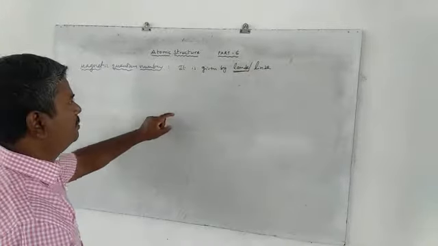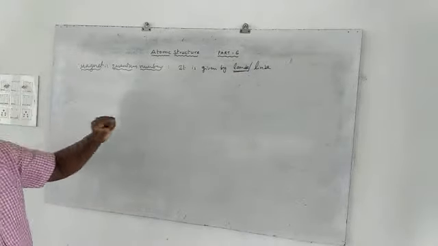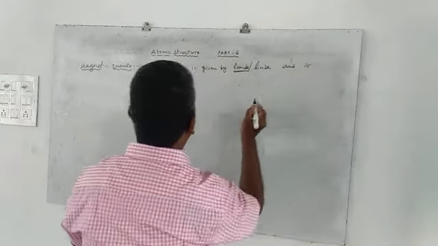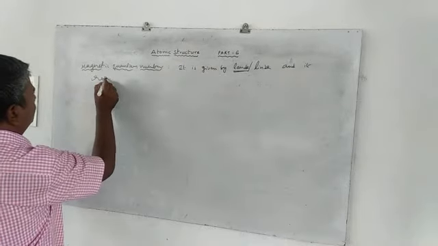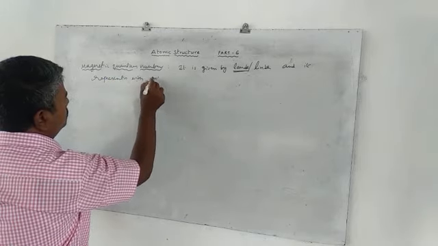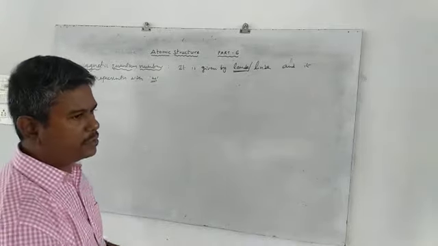So the scientist Landé proposed which one? The magnetic quantum number, and it is represented with a small m.